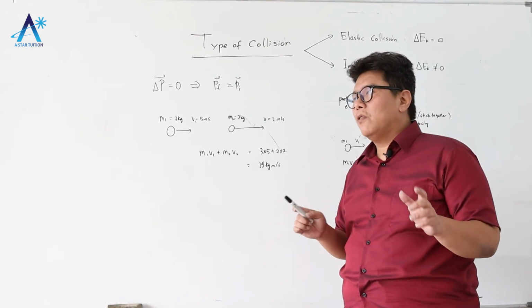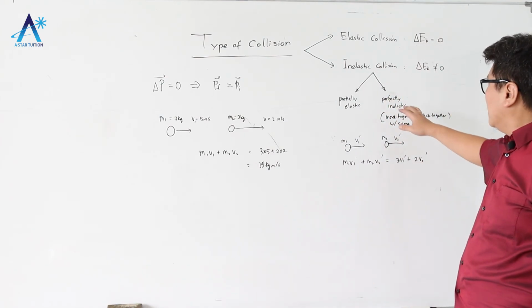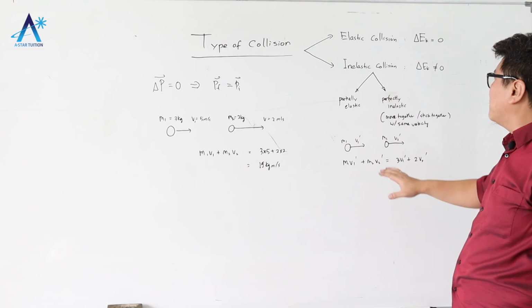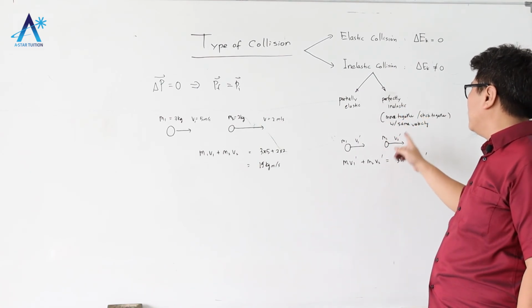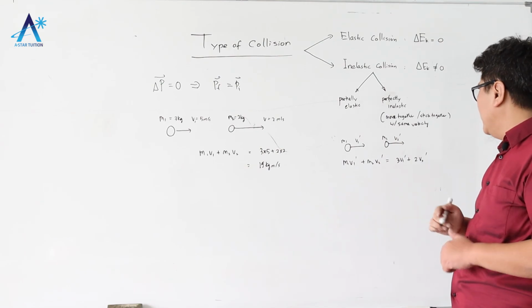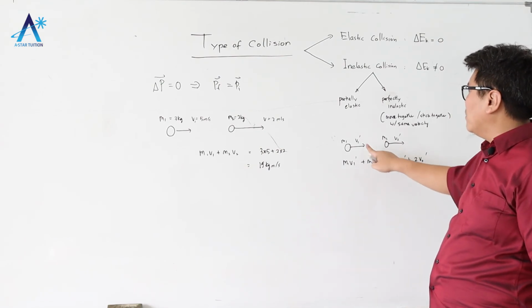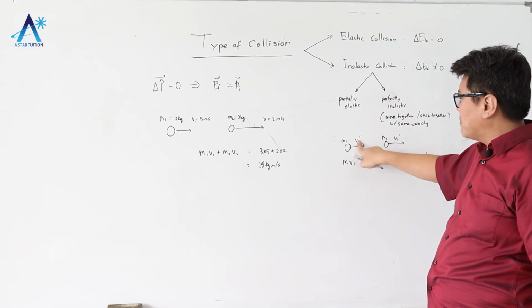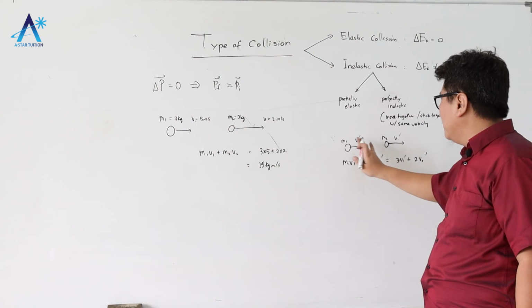Another type of collision we can solve for in this example is when the collision is perfectly inelastic. In other words, they move together or stick together with the same velocity. In this case, after collision, they will have the same velocity, so I can drop the subscript because they're all the same and they move together.